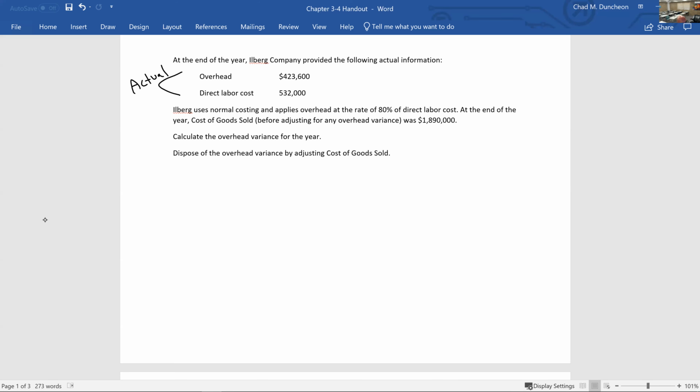Well, the first thing we need to do is figure out how much overhead was actually applied here. To do that, we first have to figure out our predetermined overhead rate, which was given at 80% of direct labor. So if we want to find out how much was applied, we take that 80% and multiply it by our actual direct labor cost of $532,000.